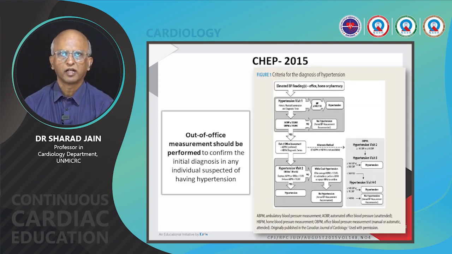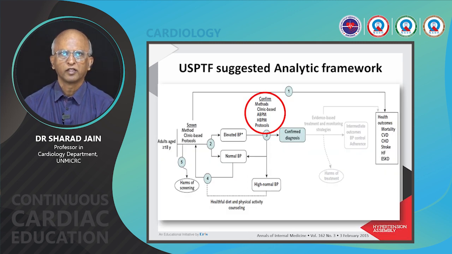Similarly, the CHEP 2015 says out of office BP measurement, that is ABPM, should be performed to confirm the initial diagnosis in any individual suspected of having hypertension. Again the USPSTF suggests an analytical framework, and they also show the use of ABPM or home blood pressure monitoring in a patient with elevated blood pressure to confirm the diagnosis.